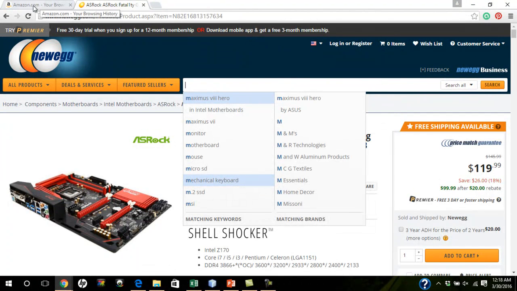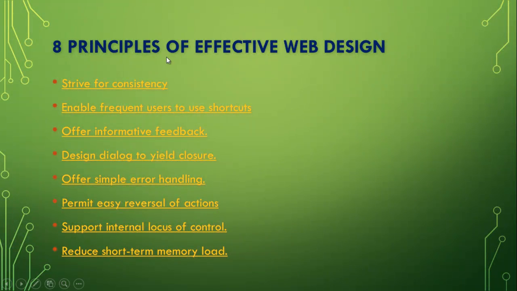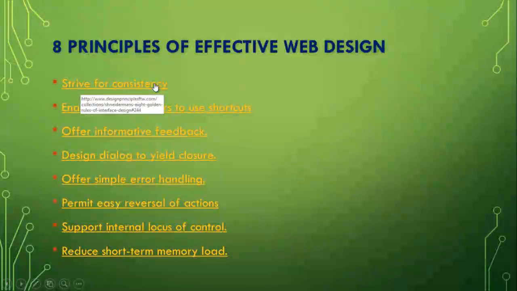So for comparing between websites, as I said before, we have those 8 principles of effective web design. Strive for consistency. With Amazon, I found it a lot more consistent in terms of the different pages as you started going into the website itself, the web page.